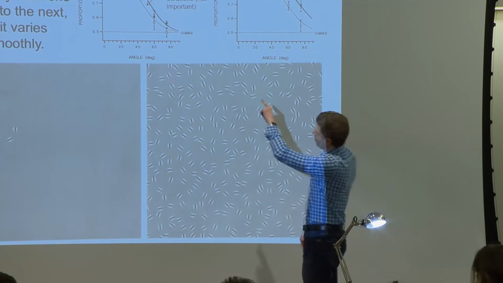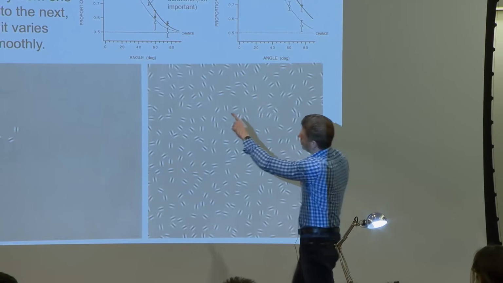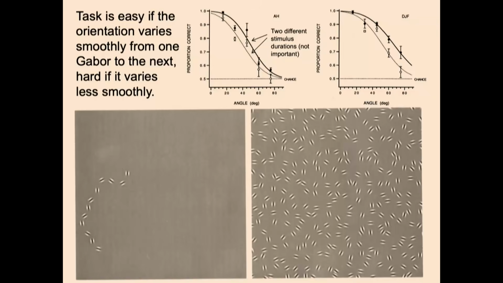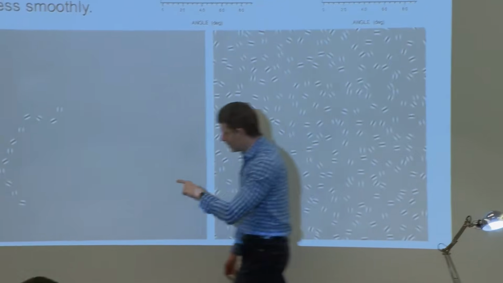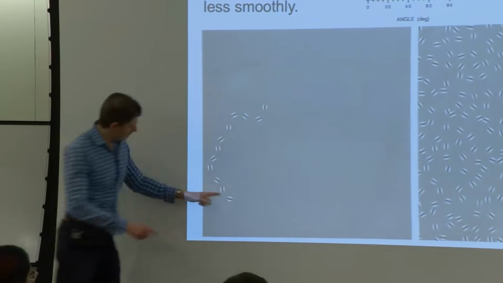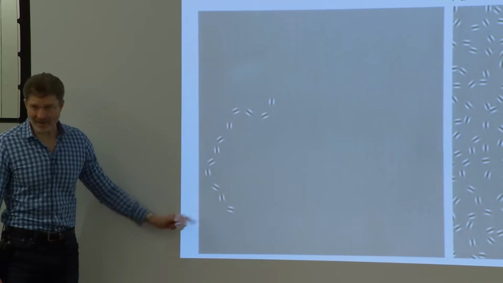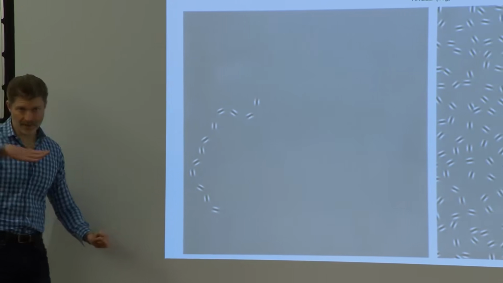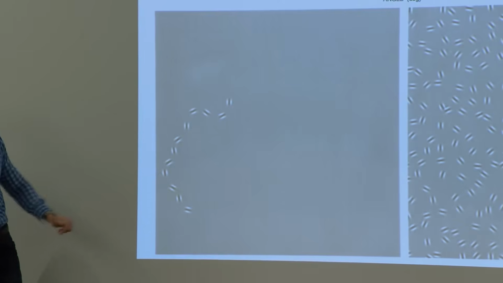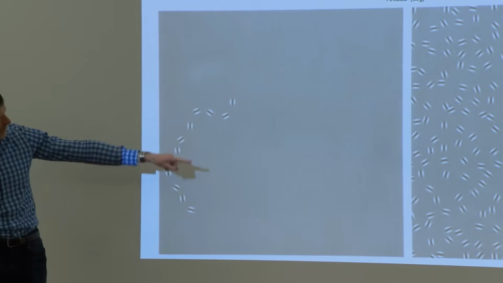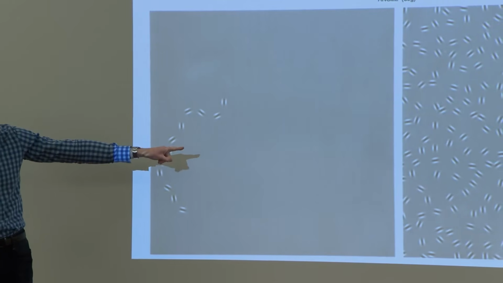So this is a graph that shows proportion correct as a function of the angle between adjacent Gabors on the contour. And here's a case where the adjacent Gabor is changed by a lot, right? So it's less smooth, so it turns around like that. And what you're supposed to see when you look at that display is that it's harder to see the contour.